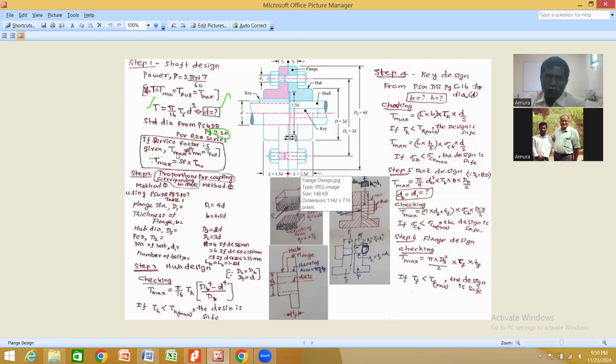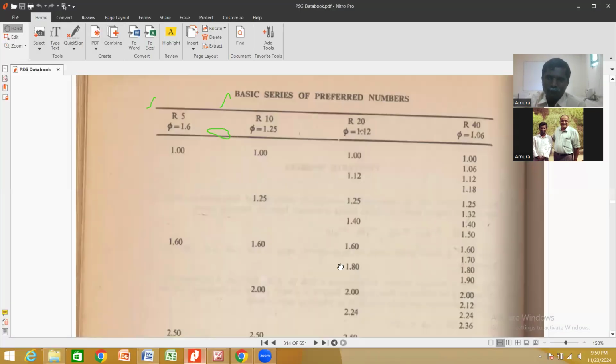Next, after finding the diameter, we are going to find the proportions, that means the dimensions of the other components corresponding to the diameter of the shaft. There are 2 methods. Method 1 is purely taken from the design data book for the diameter value. Let me show that one.